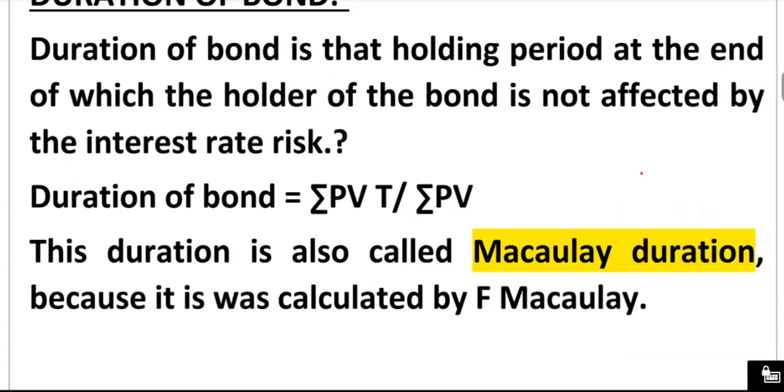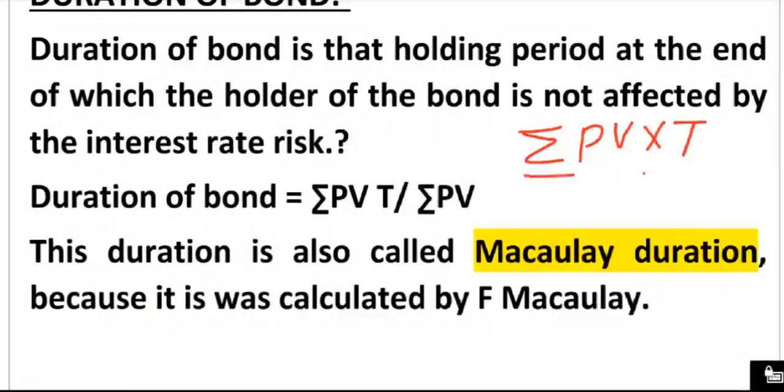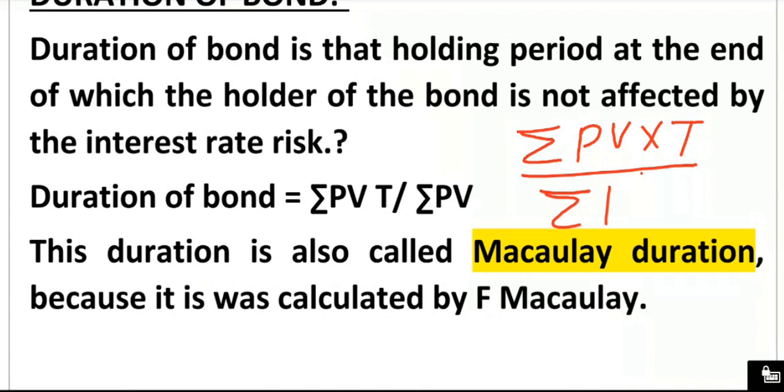The formula is: duration of the bond is sigma PVt divided by sigma PV. I'll write it once again: sigma PVt means present value multiplied by the respective time, and we divide by sigma PV, which means present value, because when we invest in a bond we get a certain amount of money every year, that is called the coupon interest.